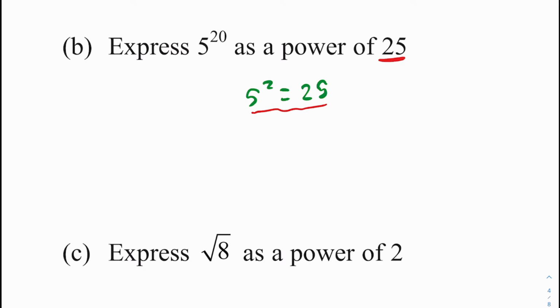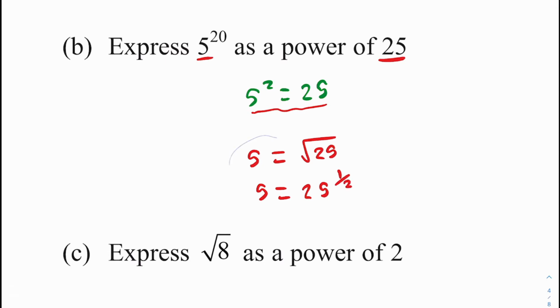So what we can then say is 5 is equal to the square root of 25, okay? So another way of writing this is 5 is equal to 25 to the power of 1/2.